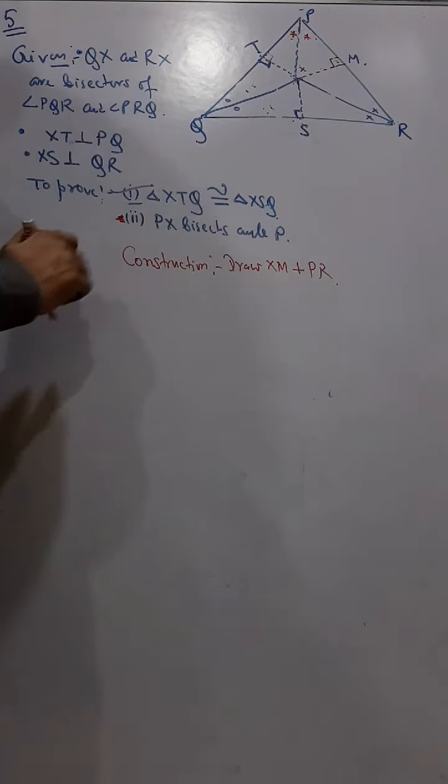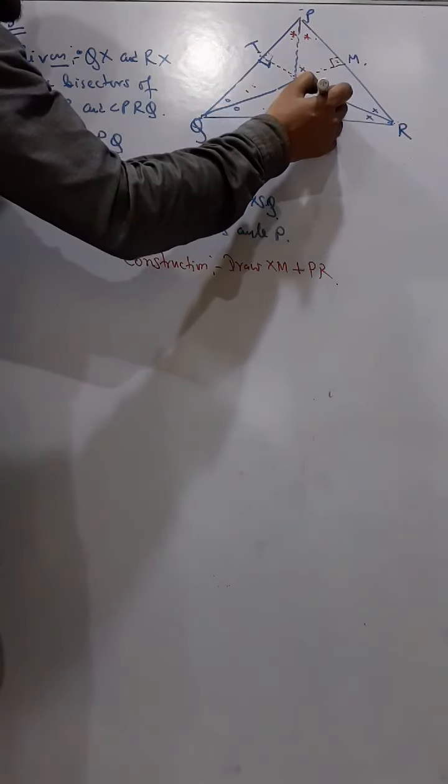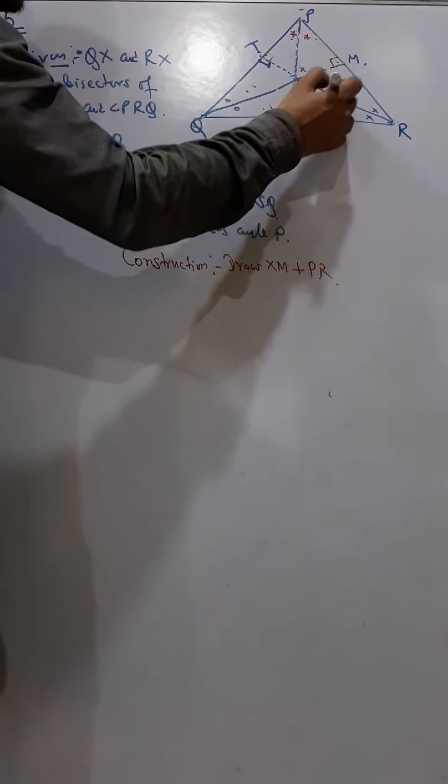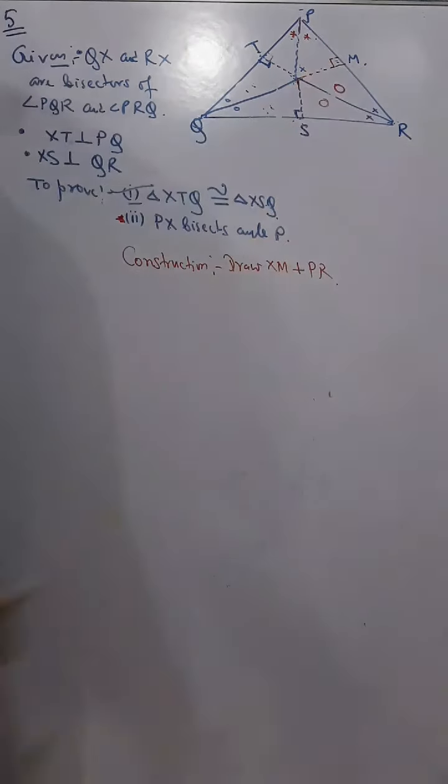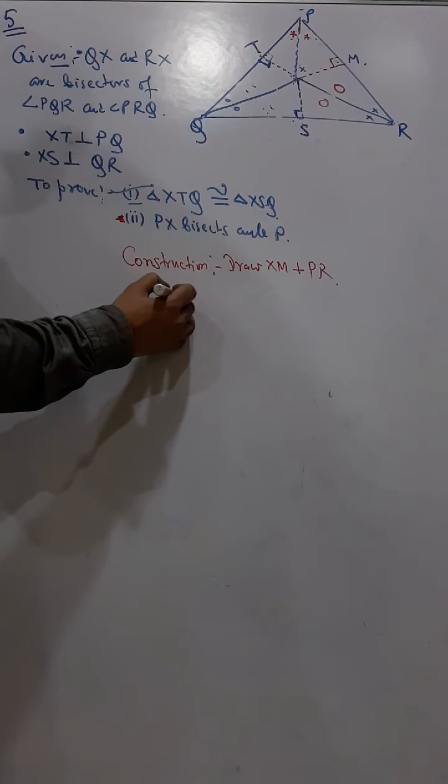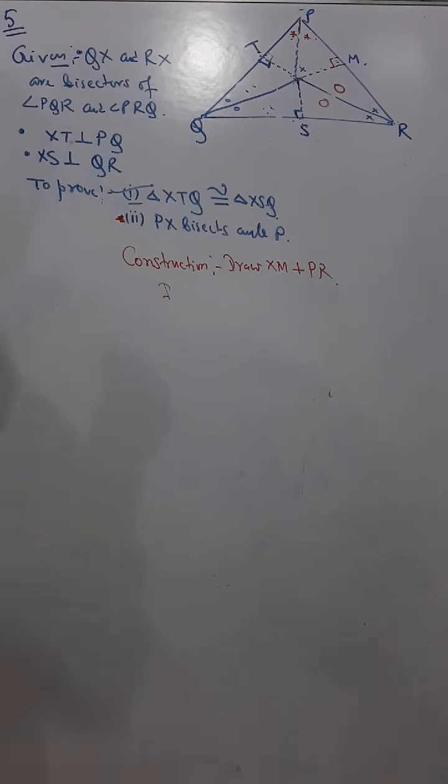So for the third point, you know what we have to do? For the third point, we have to prove this triangle and this triangle congruent. Okay, I'll tell you why.